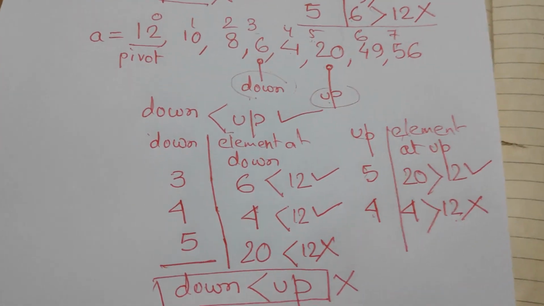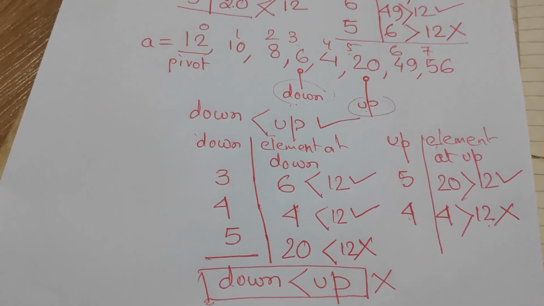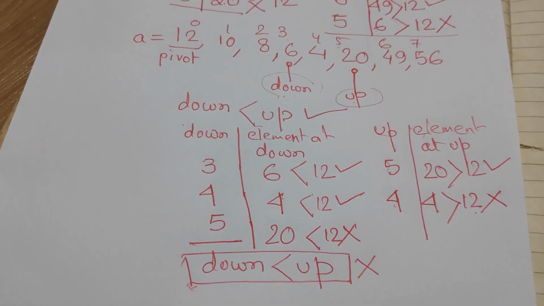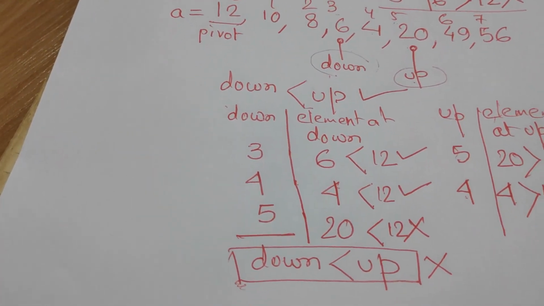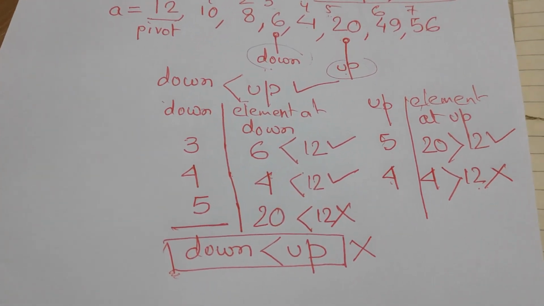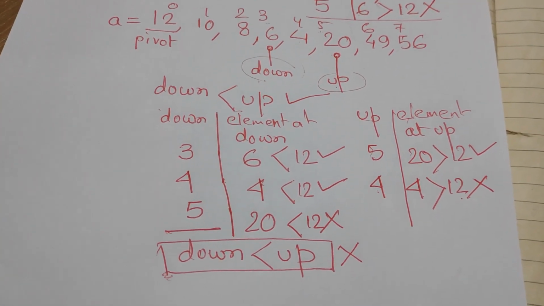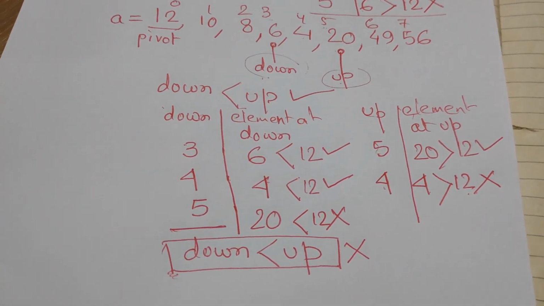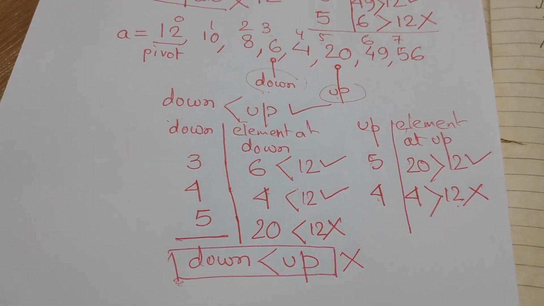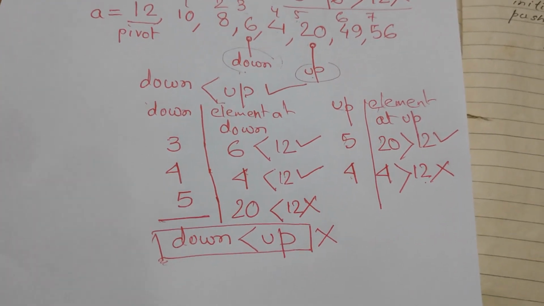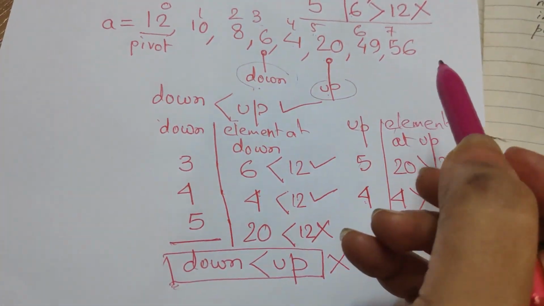Because while traversing, we have reached elements which are lower than the pivot and elements which are upper than the pivot. But while reaching those elements, my down index has become greater than my up index. Right? So at this moment, the traversal stops and we swap.